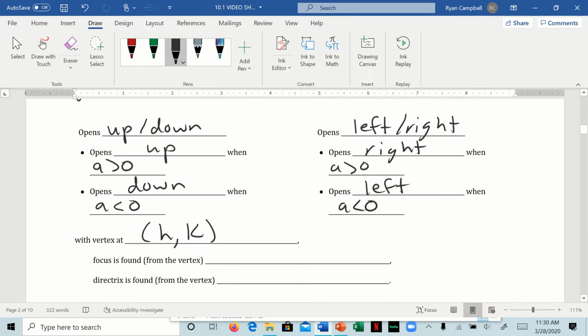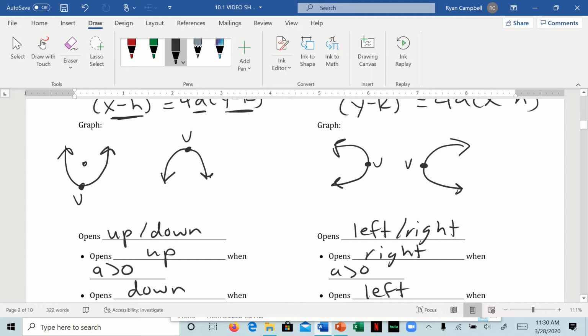Now the focus: if you go from the vertex, you need to go inside a units. If you go inside a units, that's where the focus is going to be. So knowing which direction you're going is going to be very helpful when trying to find the focus.